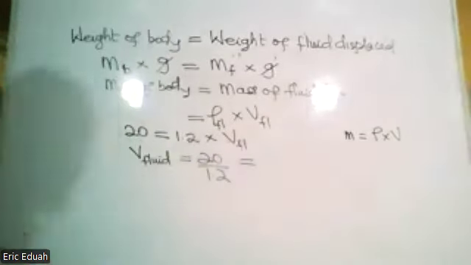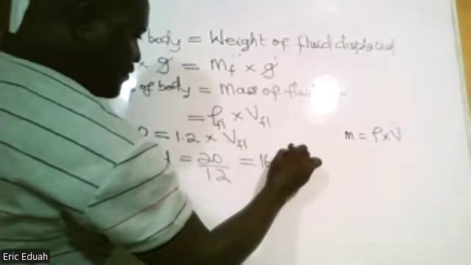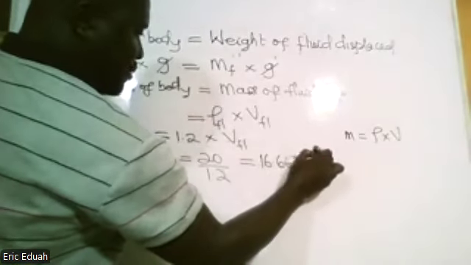What is 20 over 1.2? 20 divided by 1.2. Quick one. 16.667. So 16.667 centimeter cube.